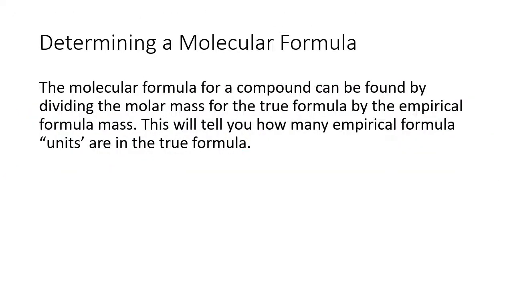We previously learned 2 ways to determine empirical formulas, which are simplified formulas. If we want to determine the molecular formula for a compound, in other words, the true or real formula, we have to know a little bit more information. Specifically, we have to be told the molecular mass for that true formula.